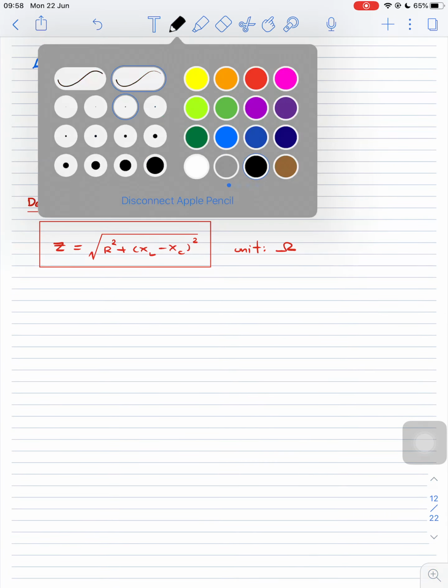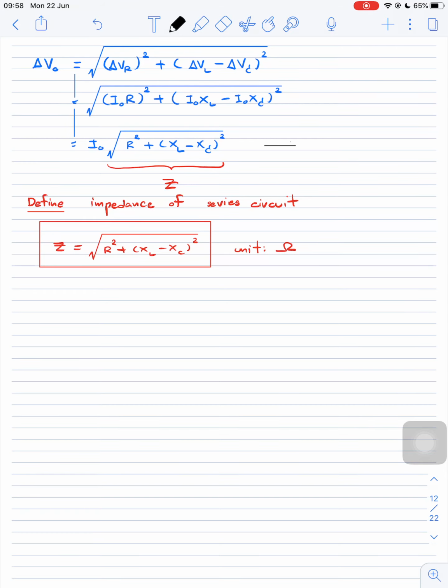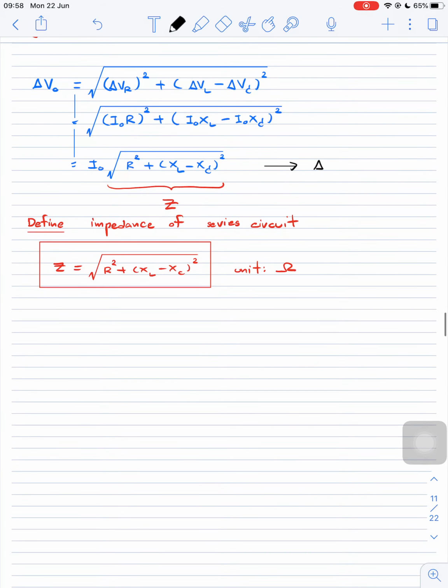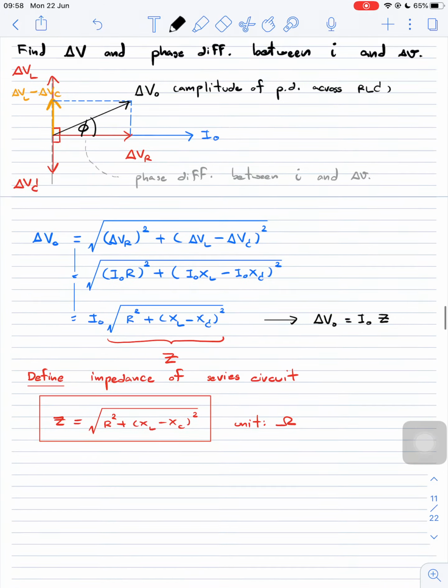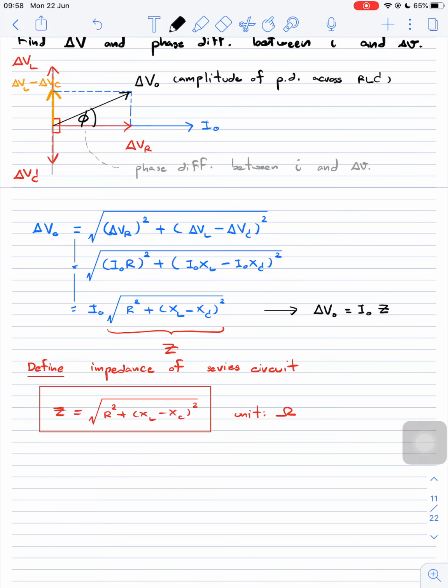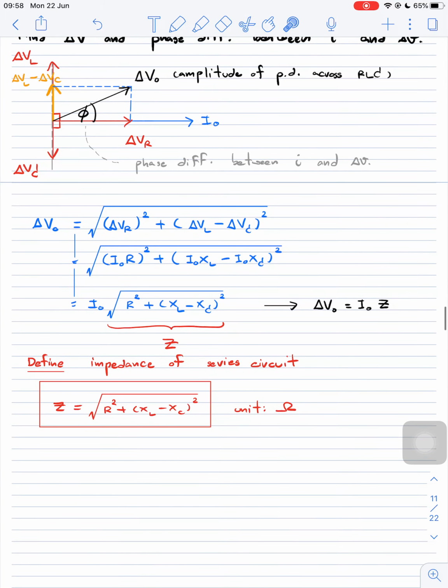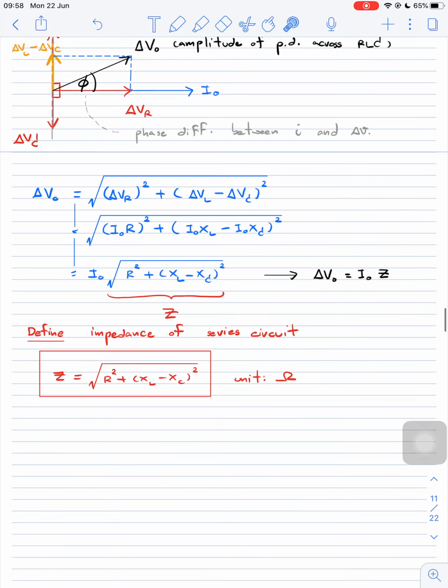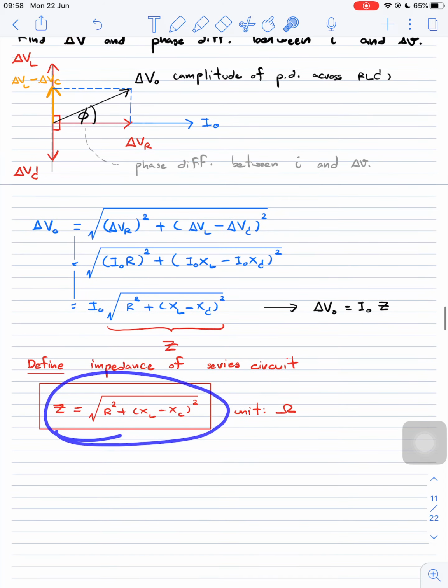Then this equation can be simplified to delta V naught equals I naught times Z, simply like this. So now you can see that we can find the voltage amplitude of the circuit already using this equation. Now this Z can be found using this equation. Okay, so this is checked.